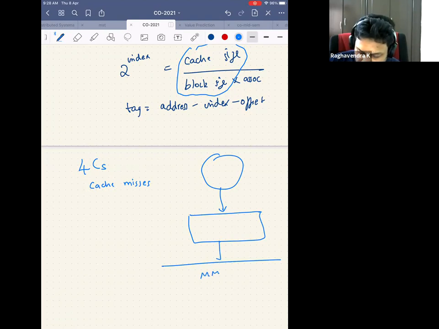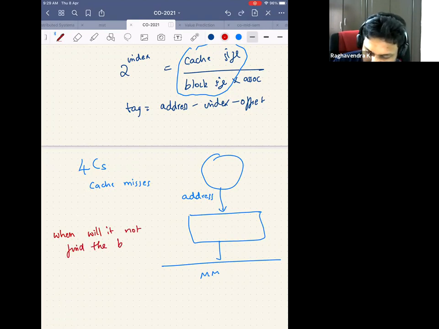Now, when the CPU generates an address, the question I ask is, when will it not find the block in the cache?